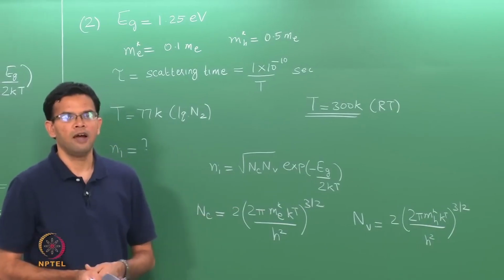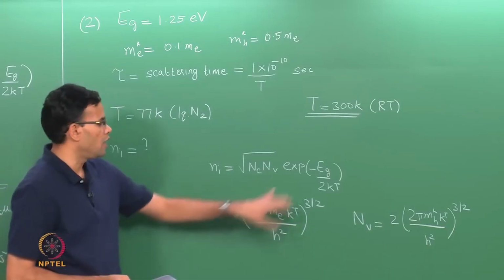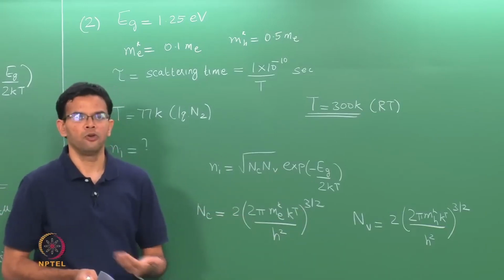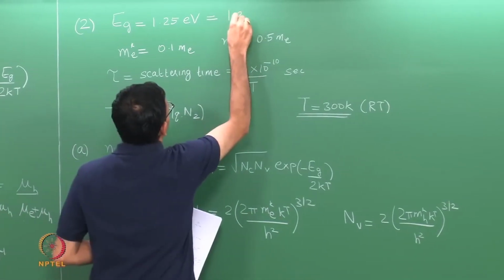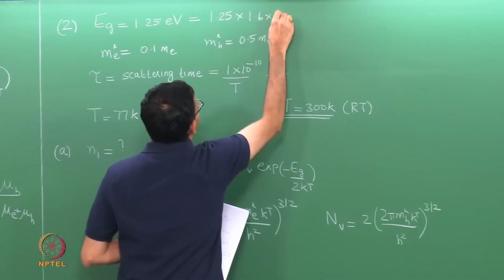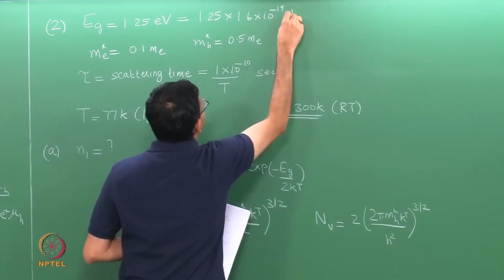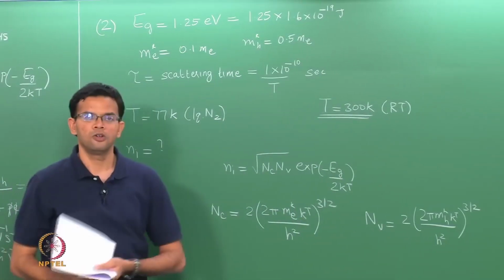The band gap is also known. Typically you have to keep all of this in SI units. So, you have to convert Eg from electron volts to joules, and that we can do by just multiplying by 1.6 times 10 to the minus 19. Kb is also in joules.